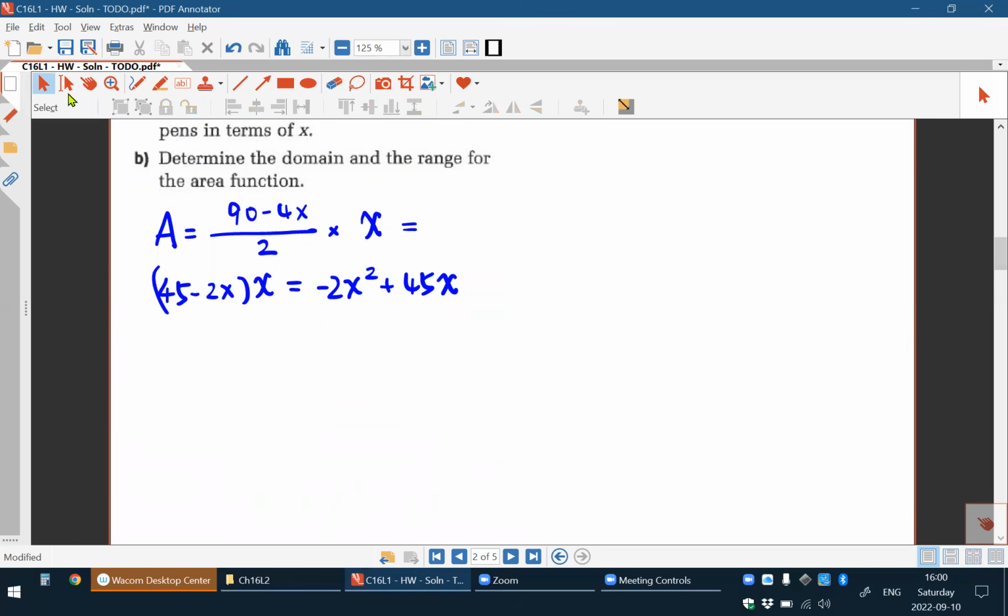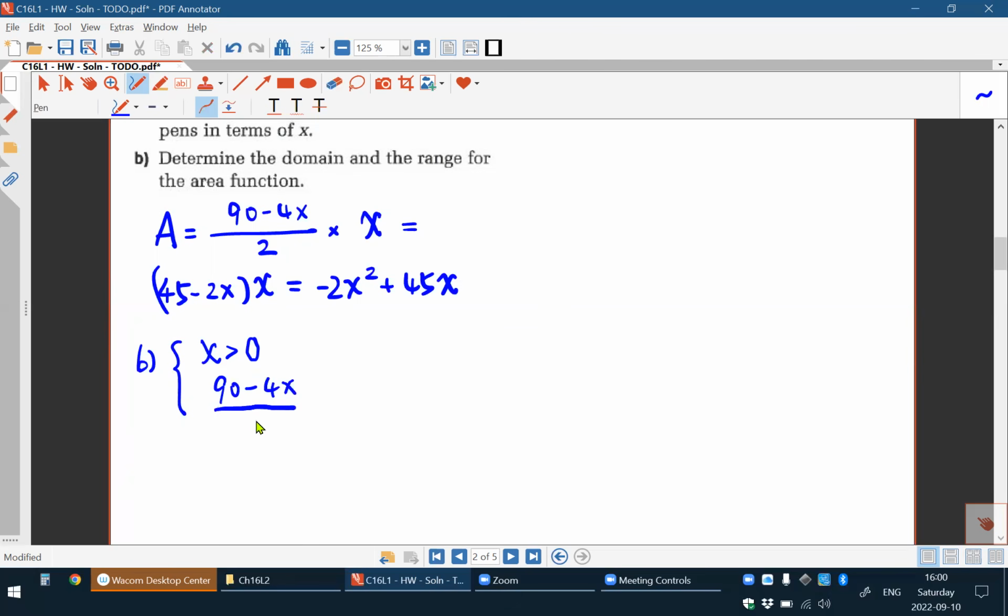So what are the limitations? There are two limitations, right? X is width, therefore x must be greater than 0, right? It's a distance, so it must be a positive number. Second of all, the length, which is this expression, must also be positive, right?